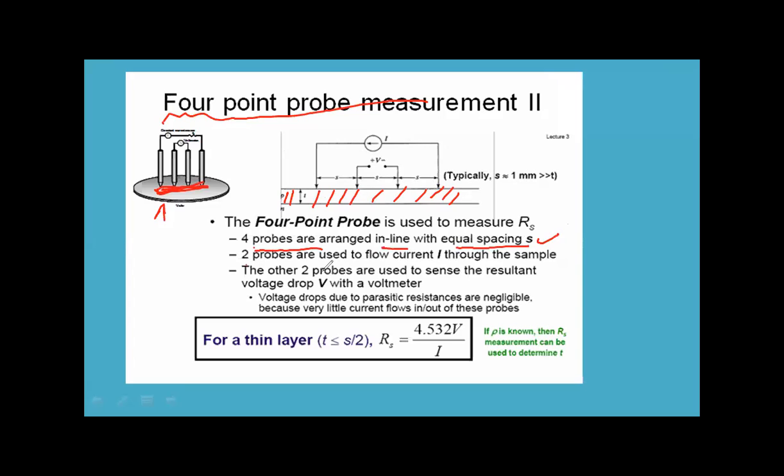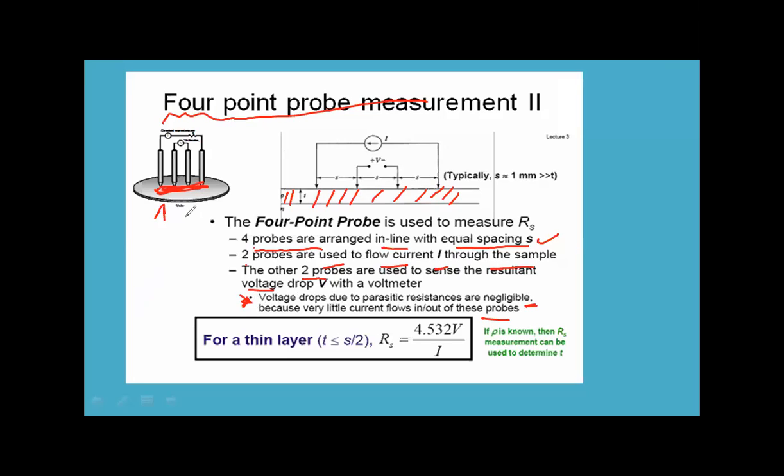2 probes are used to flow current through the sample. 2 other probes are used to sense the voltage drop. The voltage drop due to the parasitic resistance is negligible because very little current flows in and out of these probes. So this will actually help minimize the contact resistance.